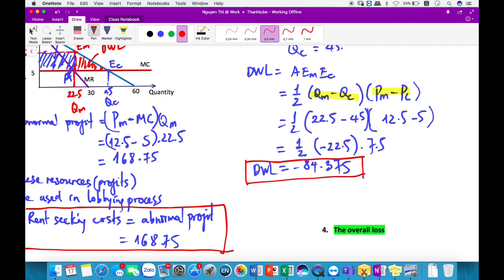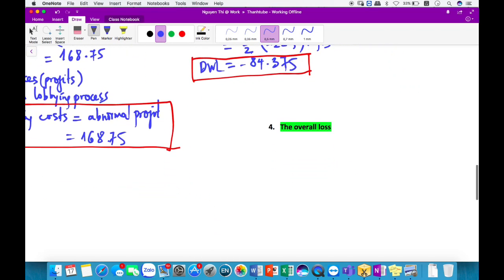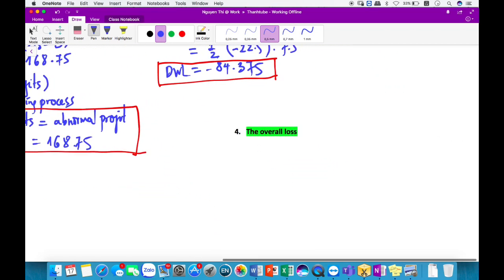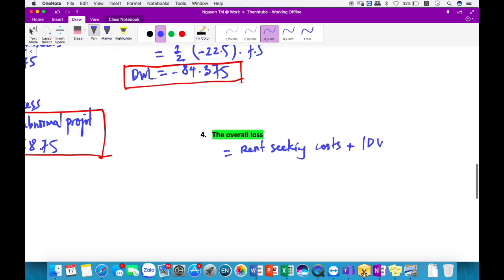Finally, the overall loss. The overall loss includes the rent-seeking cost and the deadweight loss.